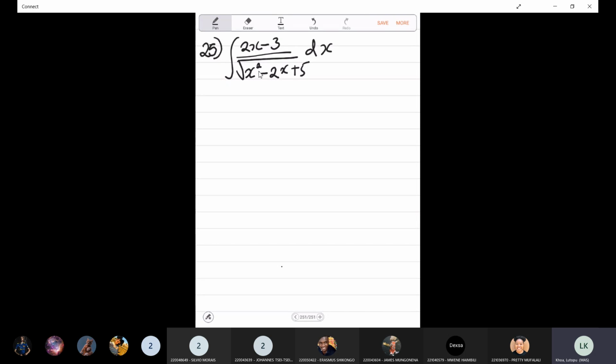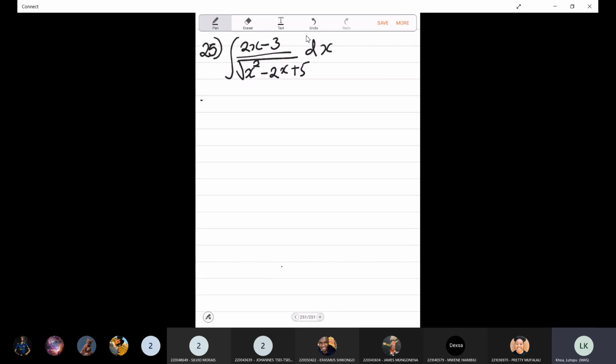Here, the derivative of the denominator is 2x minus 2, but I have 2x minus 3. So I can split this as 2x minus 2 minus 1.